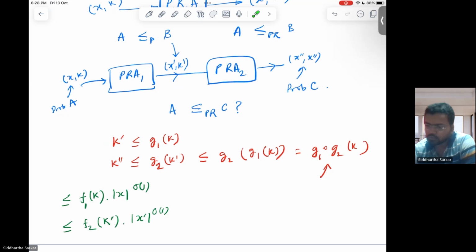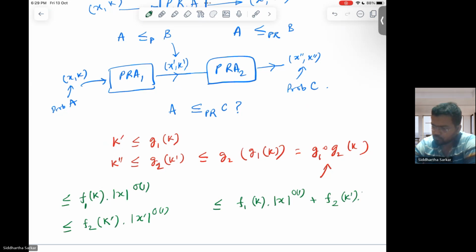So the total running time will be bounded by the sum of the two running times.